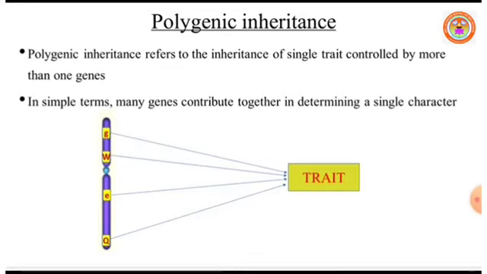Mendel recognized that one character is controlled by a gene which contains a pair of alternative forms, or alleles. Polygenic inheritance means more than one gene that combine to affect a single trait.